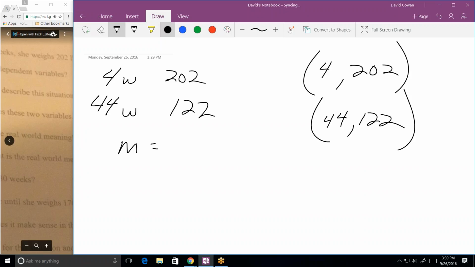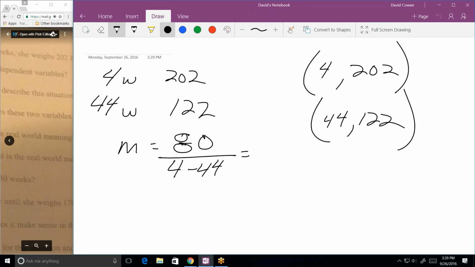It's changing y over changing x, so 202 minus 122 over 4 minus 44. Be careful with your signs. Oh, no, you were correct. 4 minus 44. Simplify that. Negative 40.